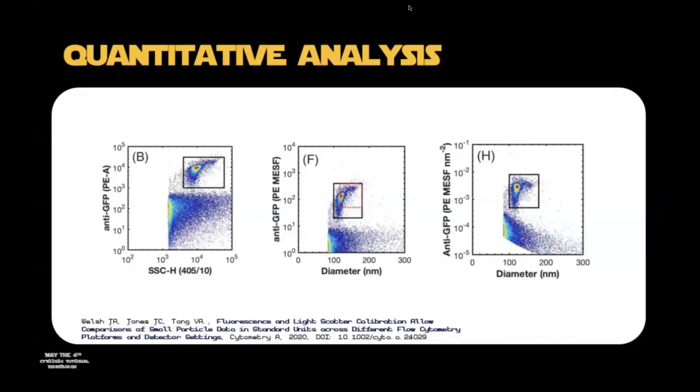Just to add to this quantitative analysis of virus particles, the number of receptors on a virus, especially the receptors that mediate entry of a virus into a cell, is extremely biologically relevant. In this case, we're looking at anti-GFP, and the GFP happens to be associated with the envelope glycoprotein of this virus.